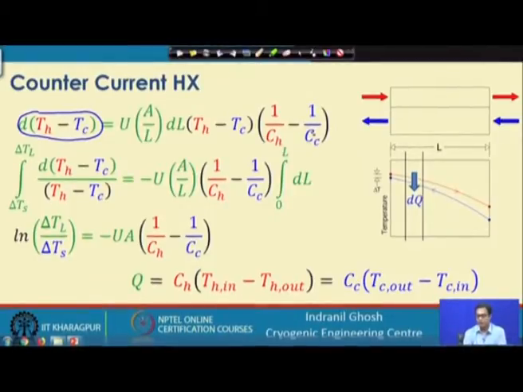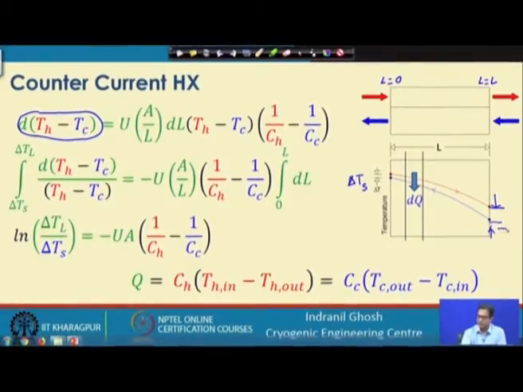Now, what are we trying to do? We can integrate it from L equals 0 to L equals L. When L equals 0, the corresponding difference in temperature is delta T smaller, and at L equals L it is delta T larger.